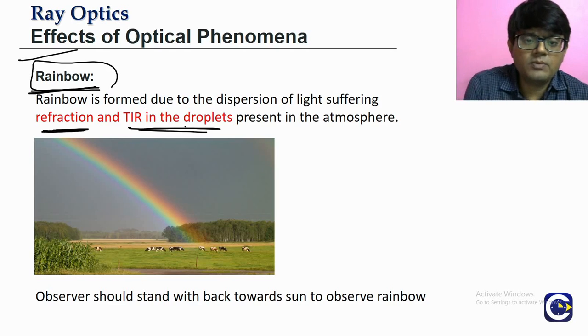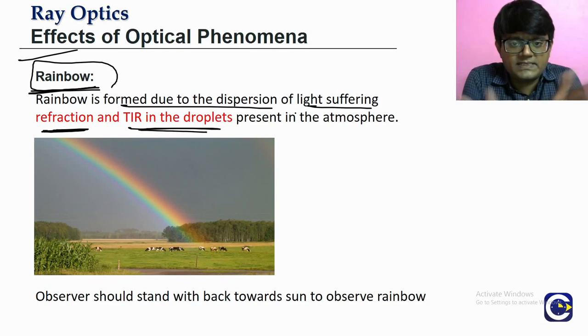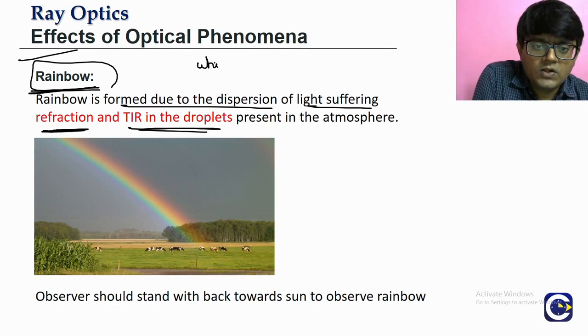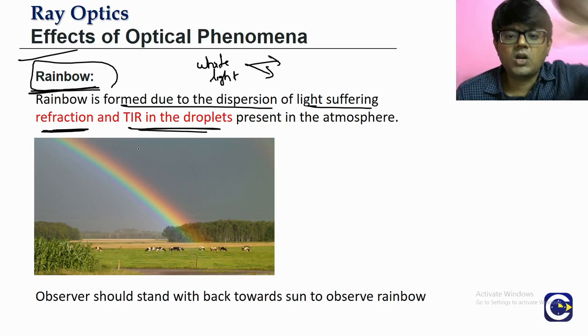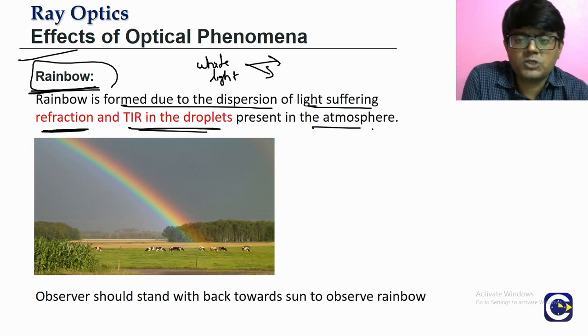So the rainbow is formed because of the dispersion of light. White light from the sun gets dispersed and we see the spread of colors. This dispersion happens because of refraction as well as total internal reflection inside the droplets present in the atmosphere.